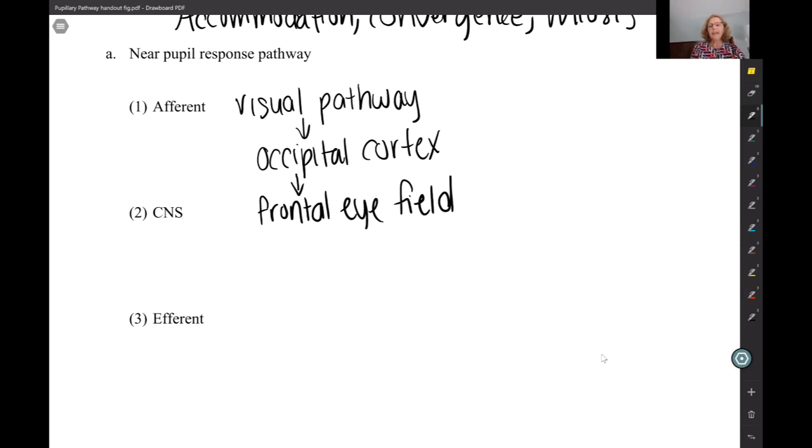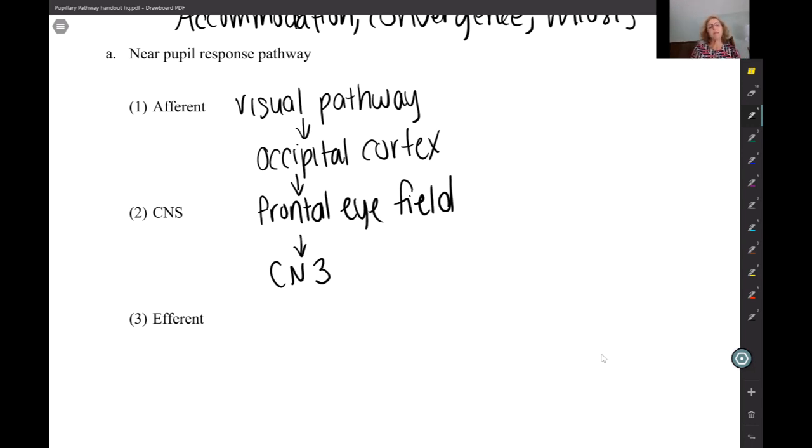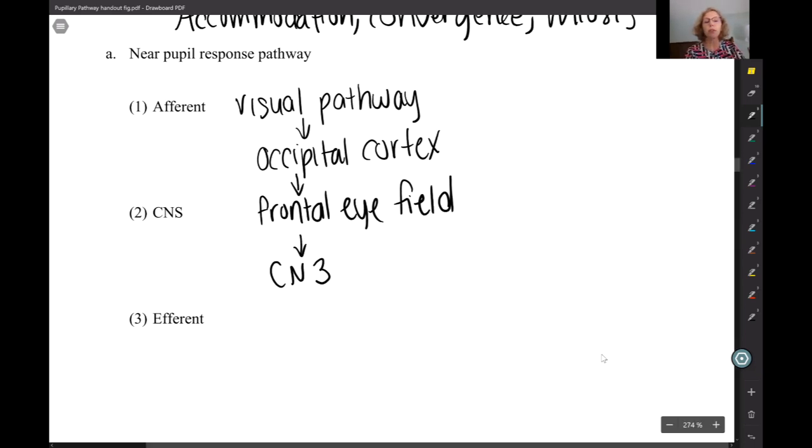The frontal eye fields then connect directly to the midbrain, and specifically cranial nerve 3, the oculomotor nuclei, which contains both the Edinger-Westphal preganglionic cells and the fibers that go to the medial rectus.